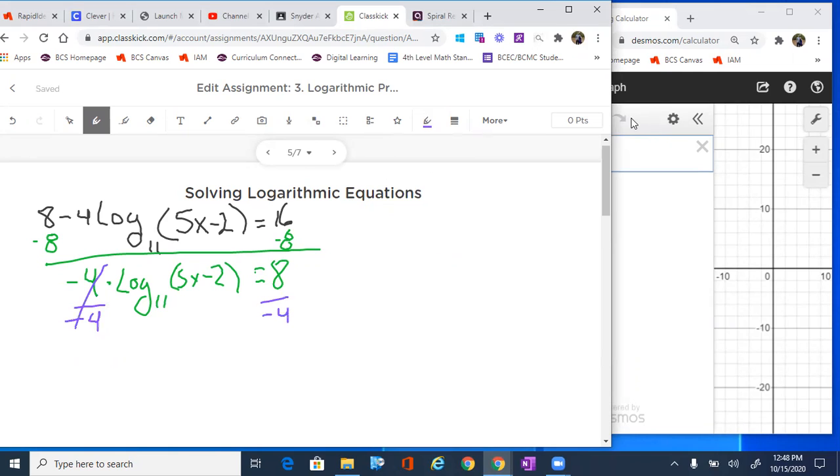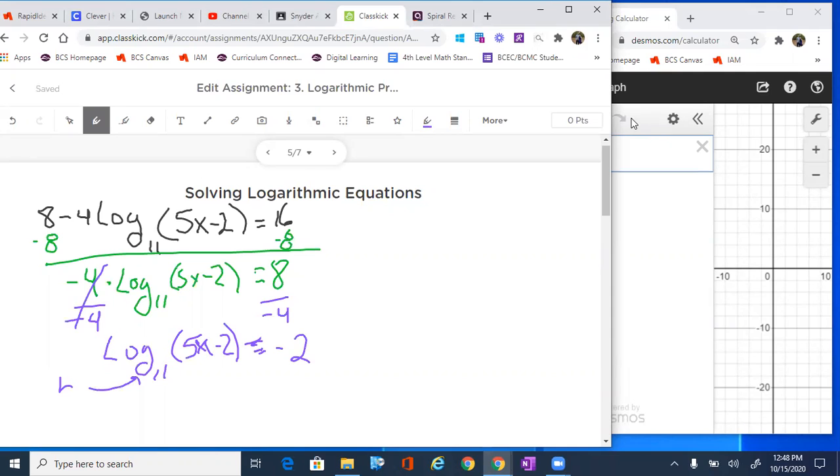In order to do that, I'm going to divide by -4. That'll cancel. We are left with log base 11, 5x minus 2 equals 8 divided by -4, which is -2. Now, at this point, I said to myself, well, what do I do? There's no other logs in there, so I can't use log properties, but I can recognize that this looks like there might be an exponential equation.